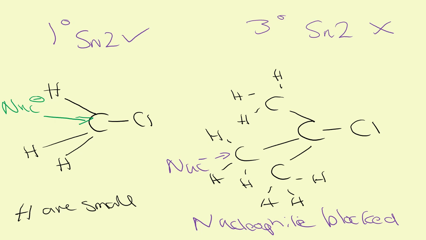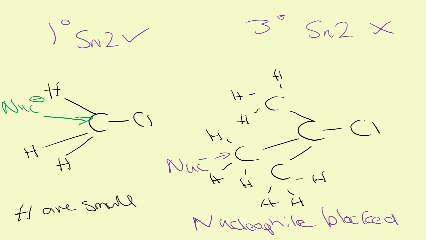But the obvious things for primary haloalkanes, you cannot stabilize the carbocation, so it cannot do SN1. There is no steric hindrance, so it definitely will do SN2. For a tertiary haloalkane, you have got the ability to stabilize the carbocation, so it will do SN1, and you've got massive steric hindrance, so it is blocked from doing SN2.